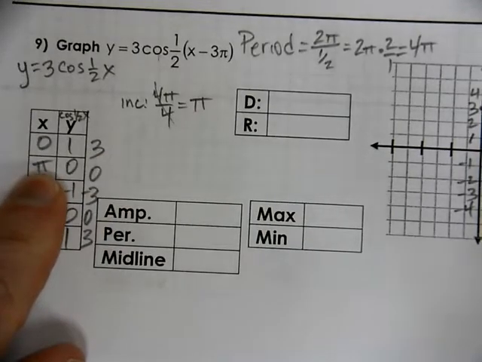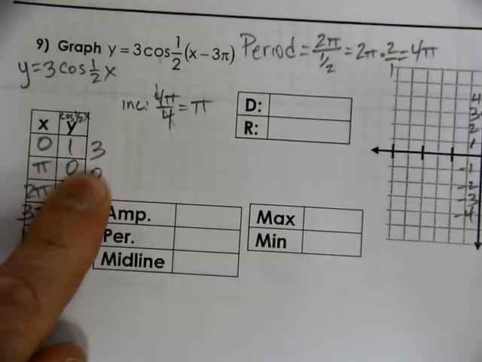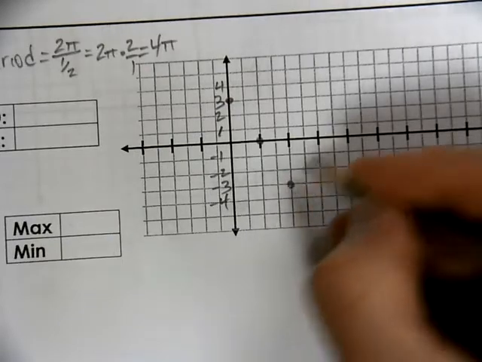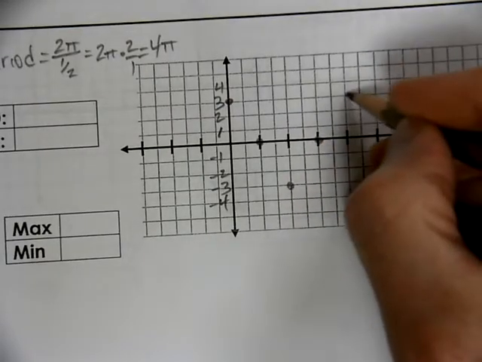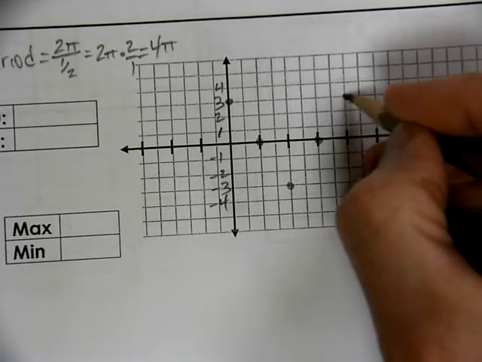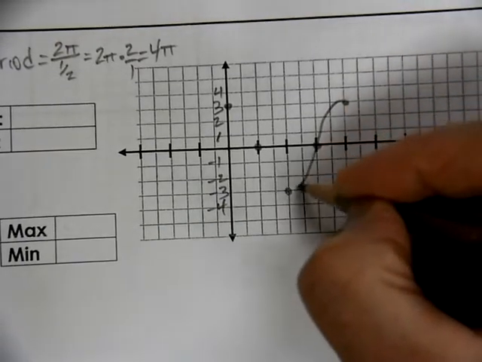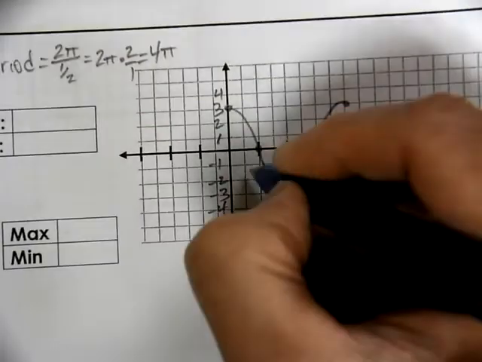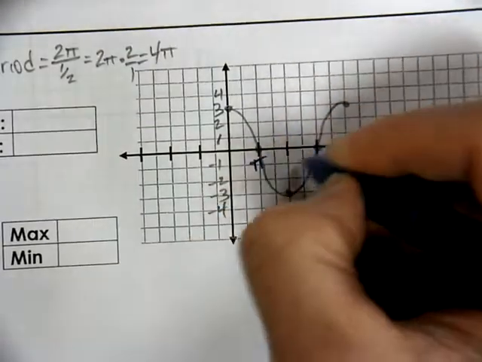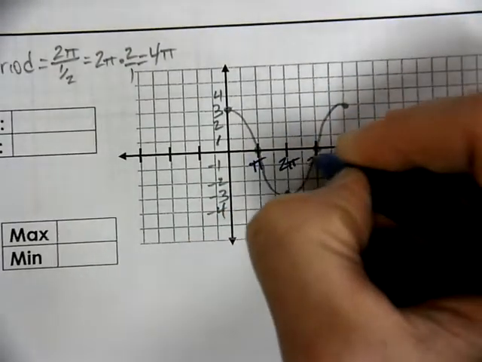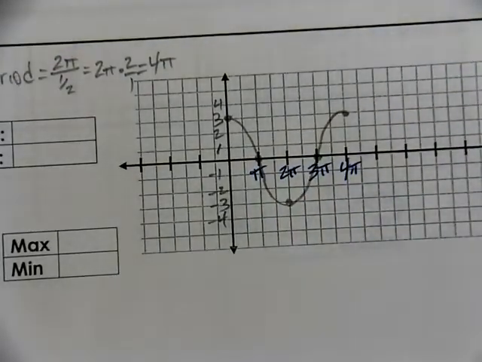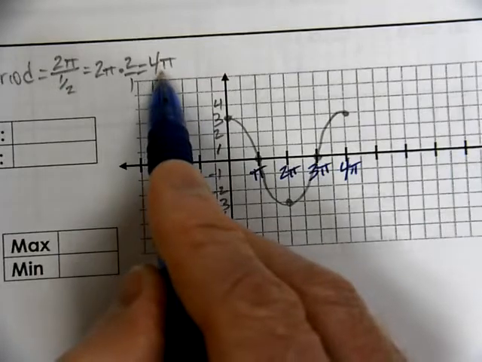At pi, we're at 0. At 2 pi, we'll be at negative 3. And 0. And 3. So this would be pi, 2 pi, 3 pi, and 4 pi, because the period is 4 pi.